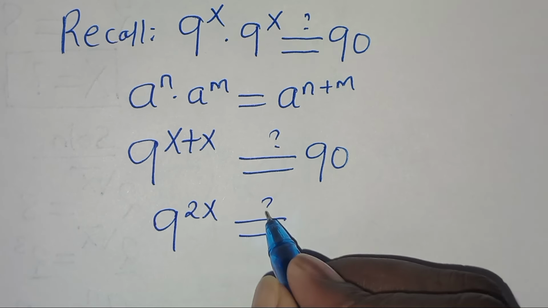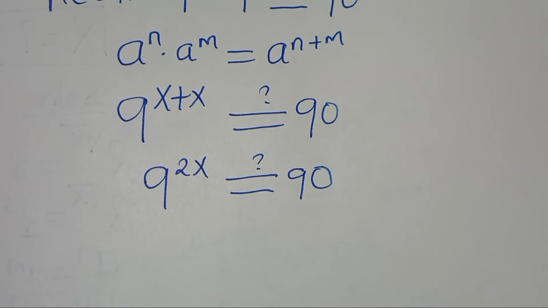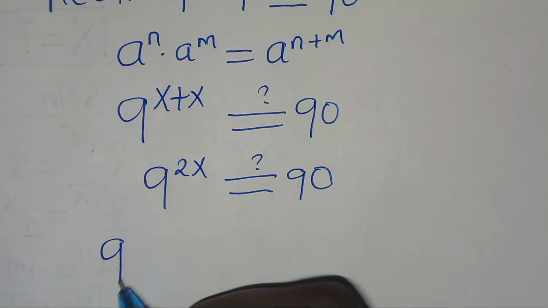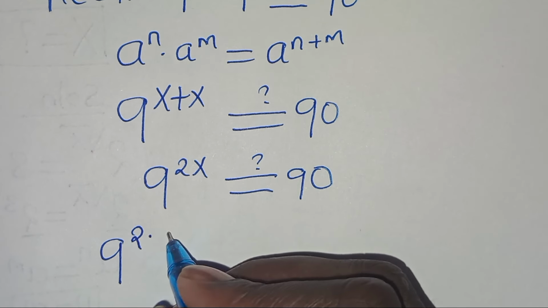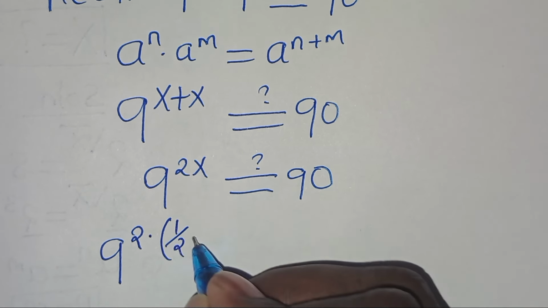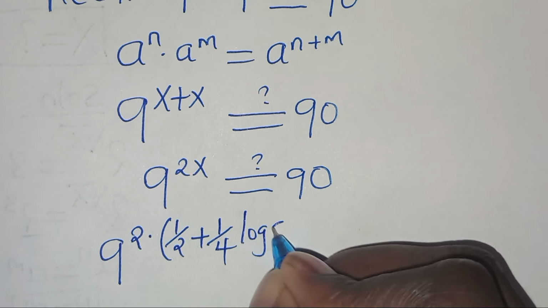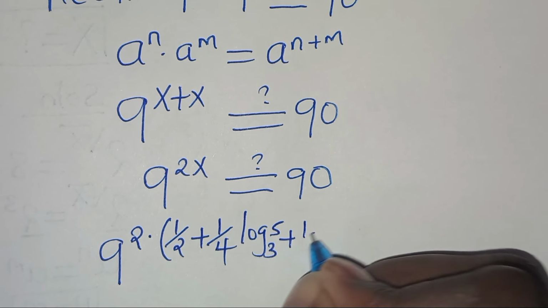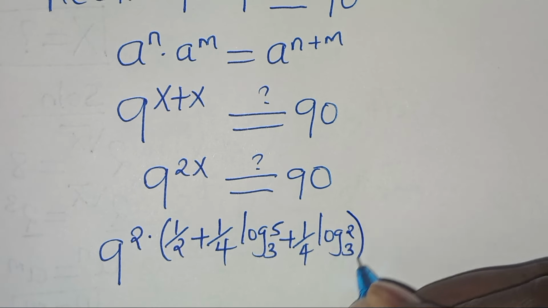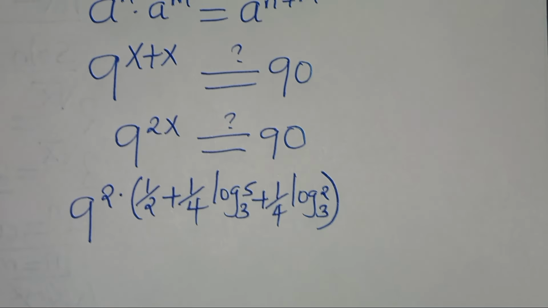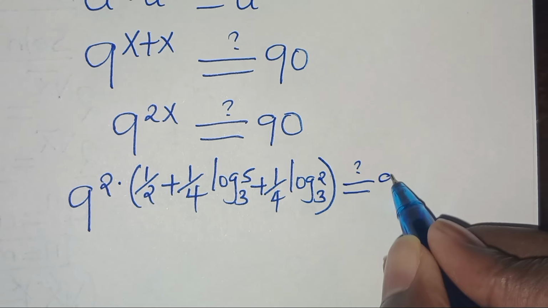Let's substitute the value of x so that we have 9 to the power of 2 multiplied by x, which is equal to a half plus 1 over 4 log 5 to base 3, then plus 1 over 4 log 2 to base 3, close the parentheses. This is supposed to give us a value of 90.